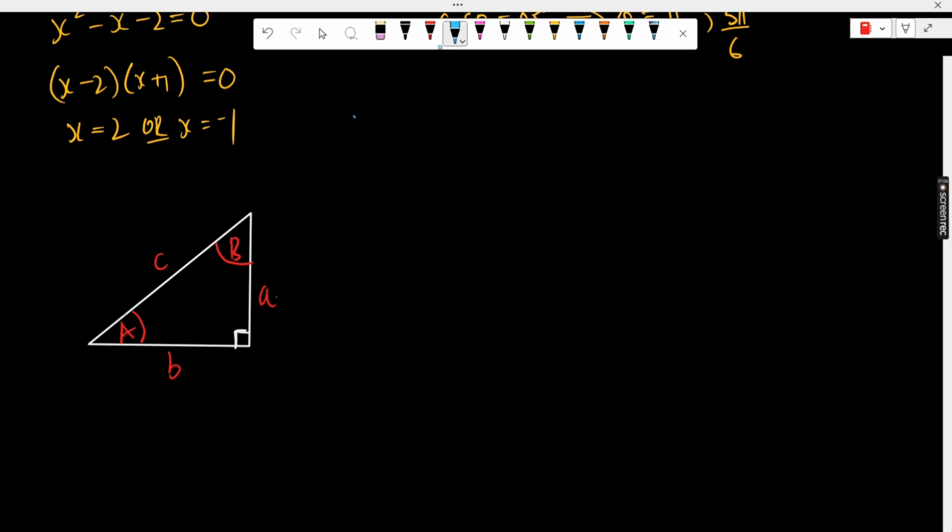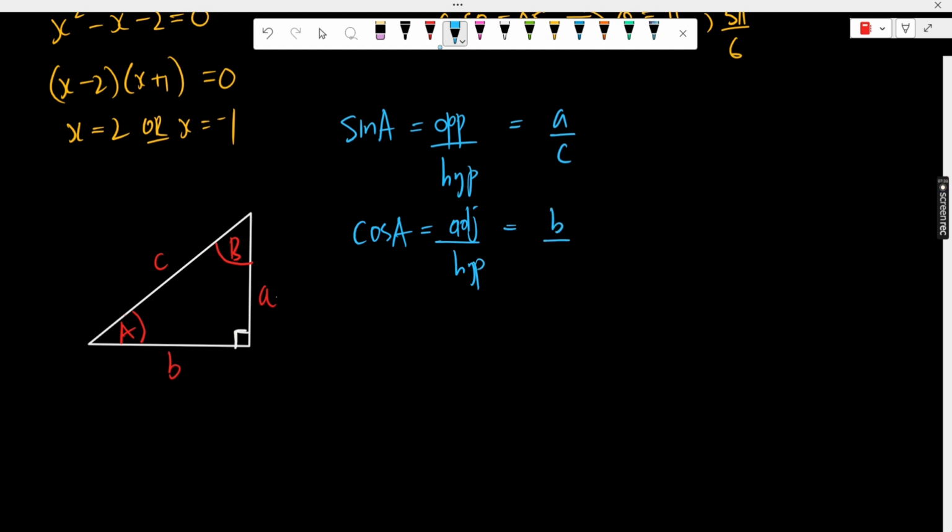So I could say, for instance, sine of angle A is equal to opposite over hypotenuse. And therefore this would be equal to A over C, right? Also, I could say that cos of angle A is equal to adjacent over hypotenuse, and this gives me B over C. I could do tan as well.